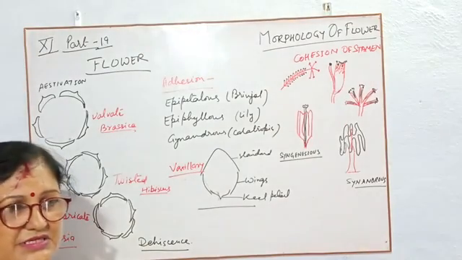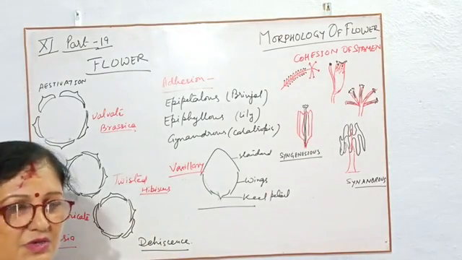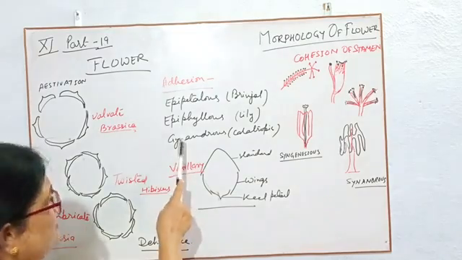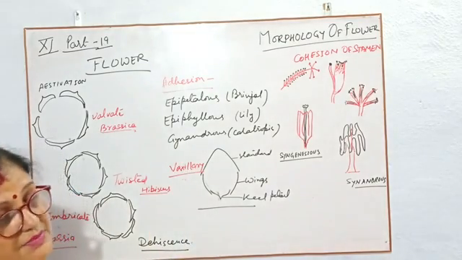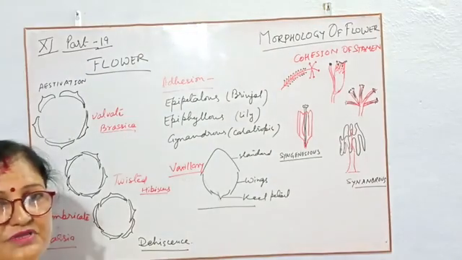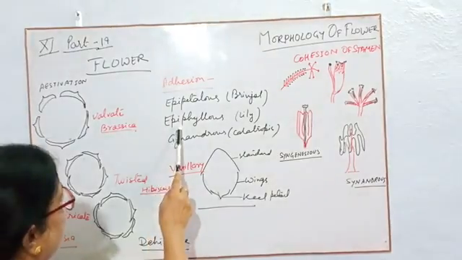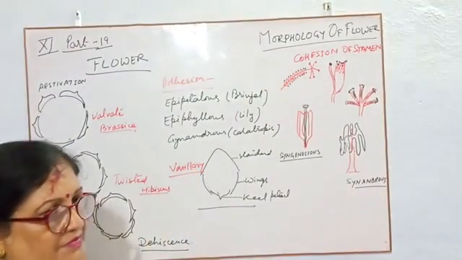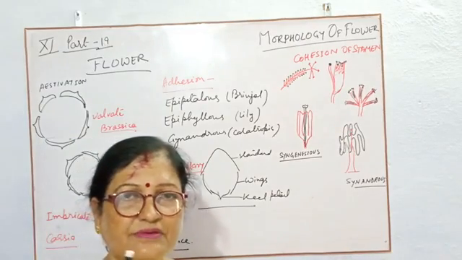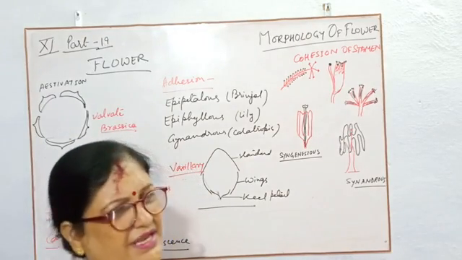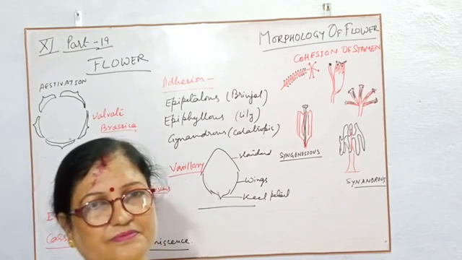Just like in hibiscus, you can see that they form the staminal tube, but in epipetalous, stamens altogether remain joined with the petals. Then next is epiphyllous. Epiphyllous means stamens remain attached with the perianth, or you can say tepal.